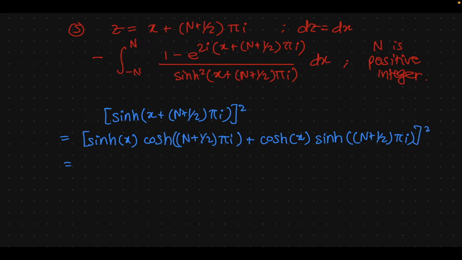Now cosh of i times something is actually cosine directly, cosine of (n plus 1/2) times pi, plus, well, this is actually going to have an i alongside with it, I believe. We can verify that because sinh has this in it, and if we just substitute this with an i, this is almost sine.